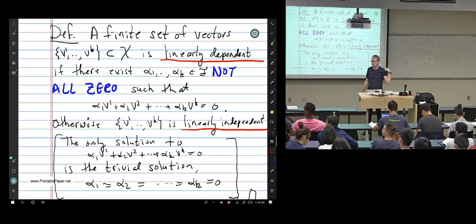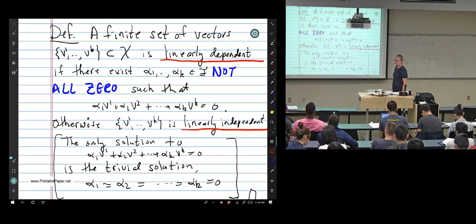If there's another solution where some alpha k is not equal to 0, then the scalar multiple of the solution is also a solution. So would there be either one solution or many? Sure. If I find a solution that's the only one, can I effectively call that the 0 solution?